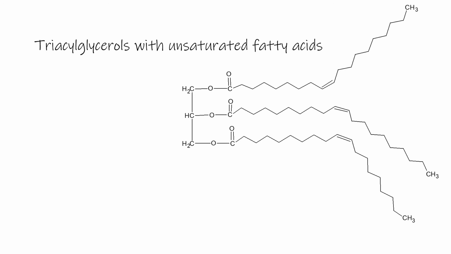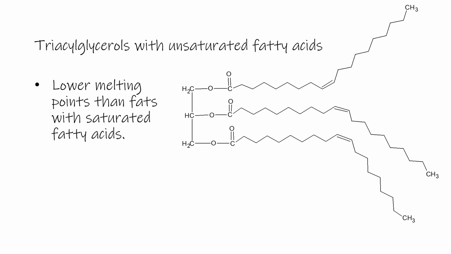It's going to have a lower melting point than fats with saturated fatty acids in them. Because of their structure, because you have these bends in there, they can't pack as closely and tightly together. They're going to be jumbled up, and that leaves some space in between, so you don't get those hydrophobic interactions between the triglyceride molecules.